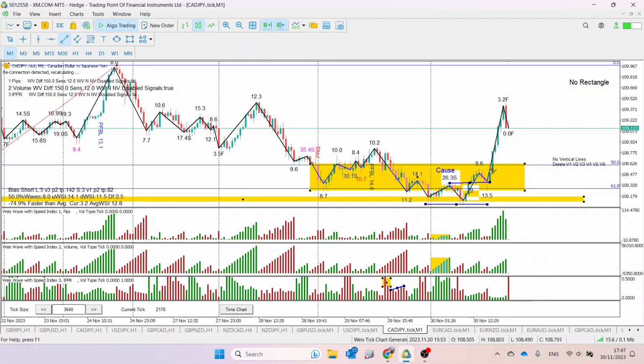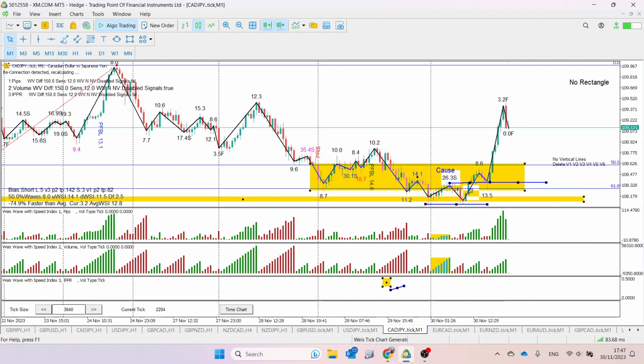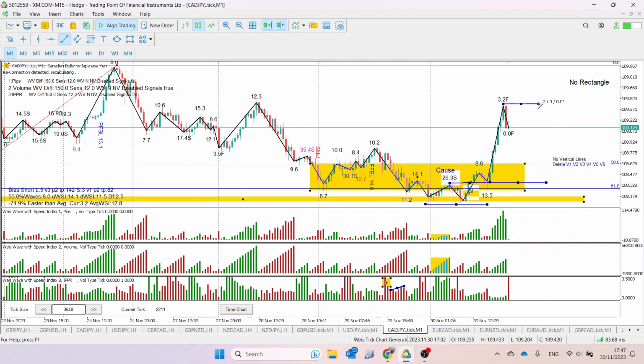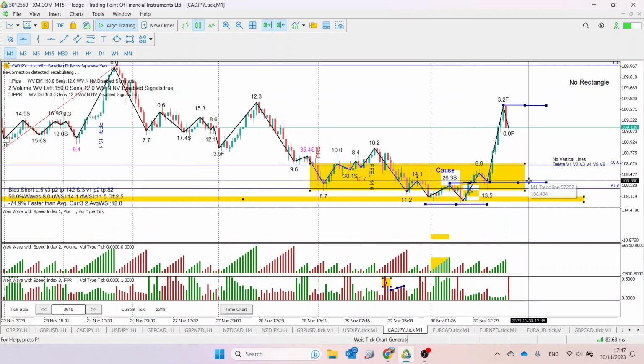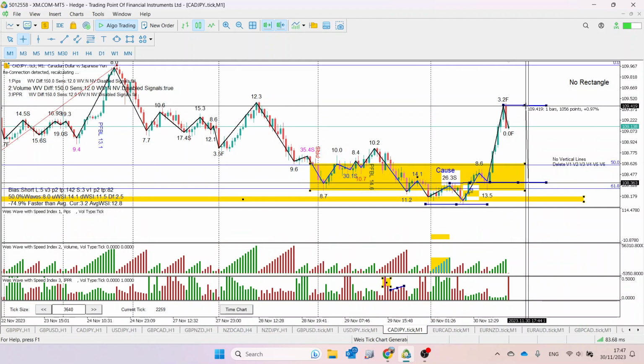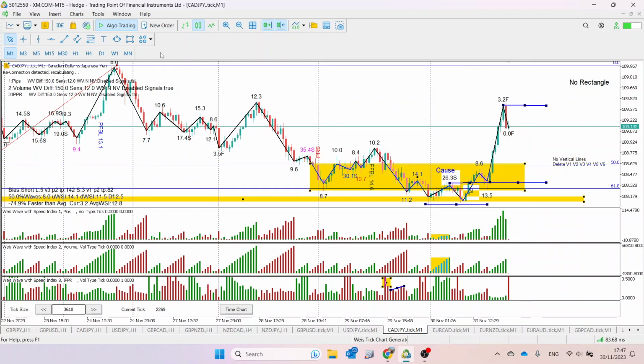Therefore, this was the effect, which is basically 105 pips.